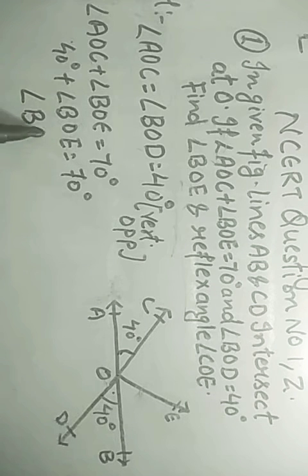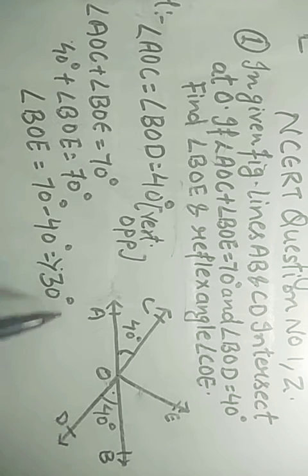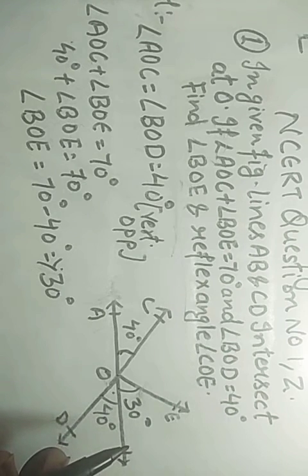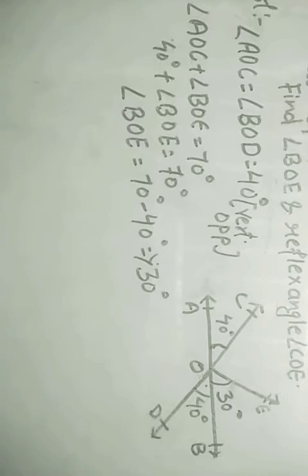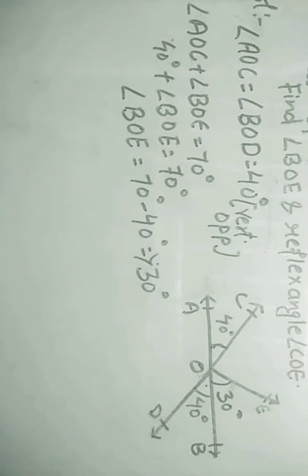Further, angle BOE is 70 degrees minus 40 degrees, which is 30 degrees. So angle BOE is 30 degrees. I am erasing this to solve the further question, so wait for a second.